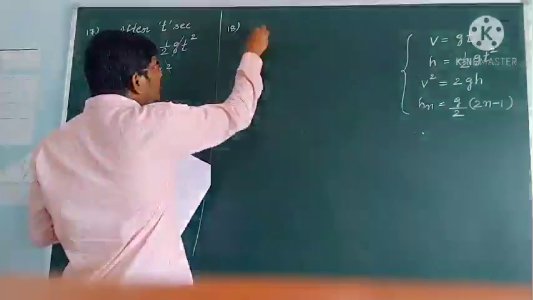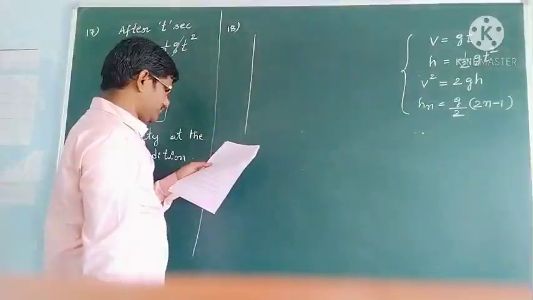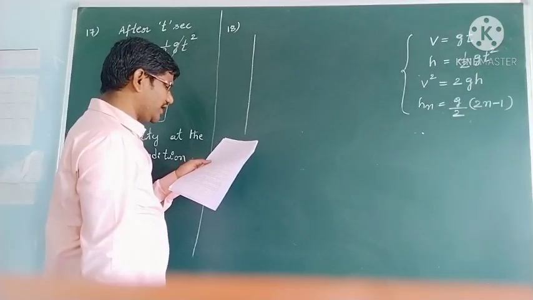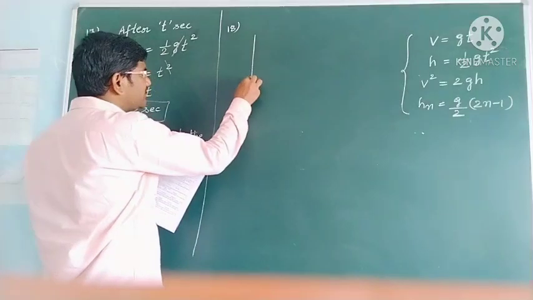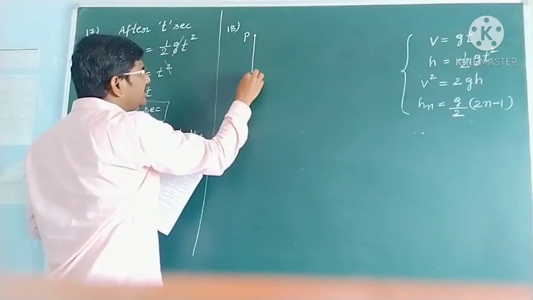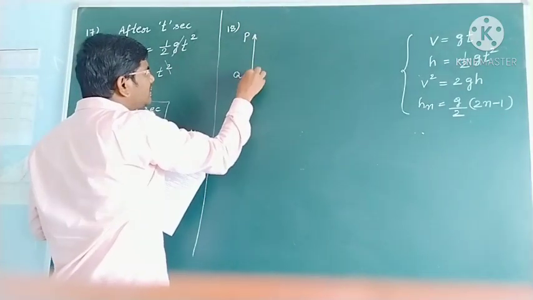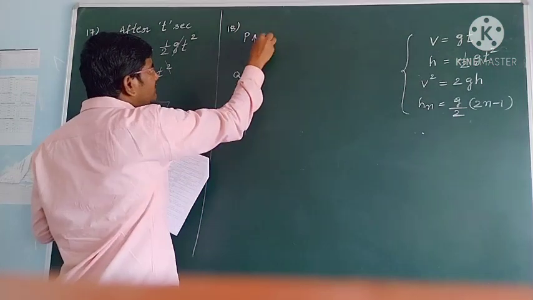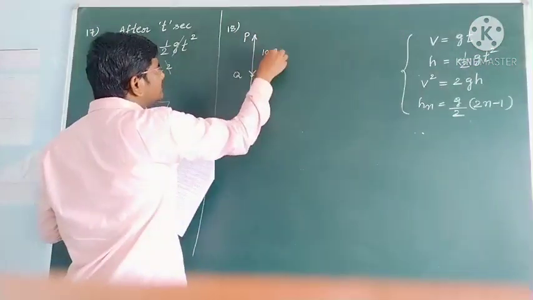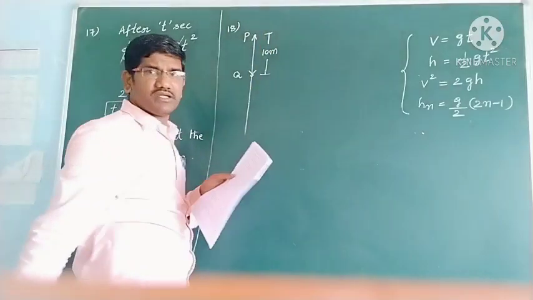So there are two bodies dropped freely. If you consider the first point is P and the second point is Q, the separation between these 2 points is given as 10 meters.